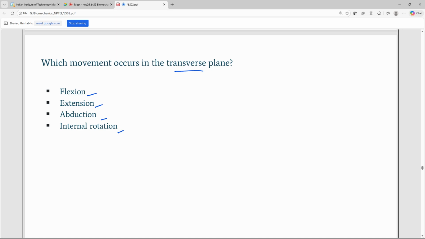Try to recollect which are the motions happening in the transverse plane.